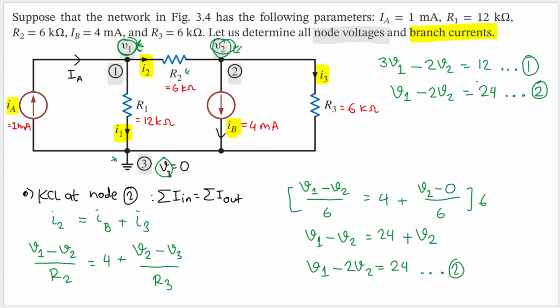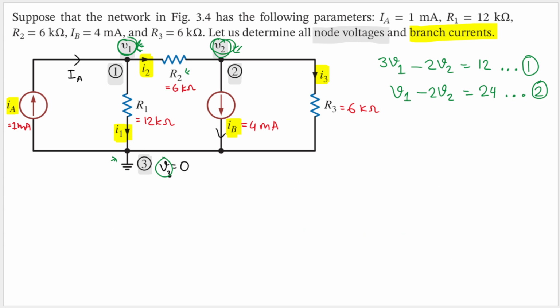Okay, the next step is we need to solve these equations. We should be able to solve them because we have 2 equations and 2 variables. Let's do that. We can do it by just subtracting here. Why? Because minus 2V2 and minus 2V2 will cancel each other, right?